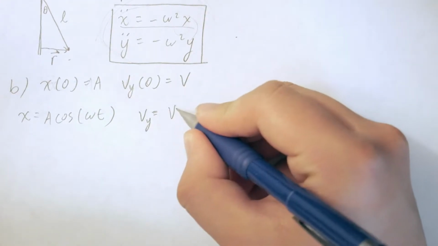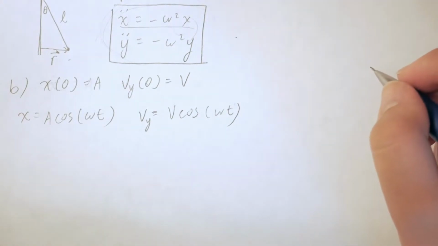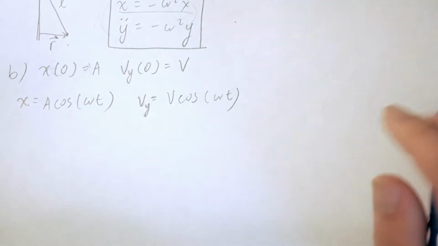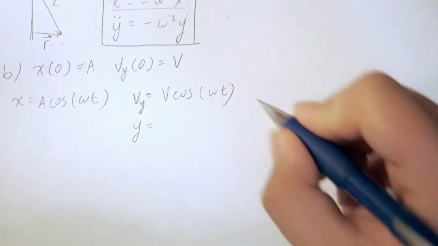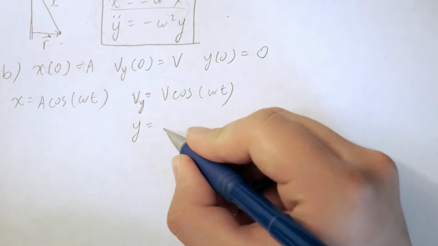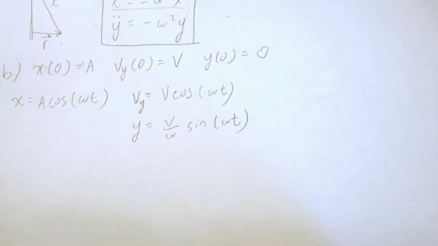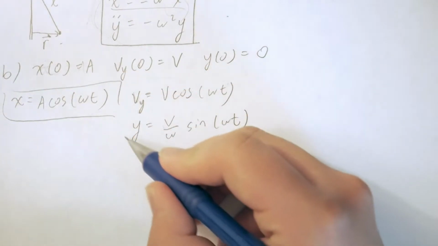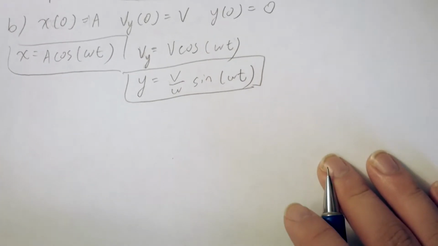Vy would be this, and we also know that Vy is the derivative of the y coordinate, so integrating this with respect to time and using the initial condition that y0 equals 0, we can write that the y function is given as follows. So these are our two functions of time.